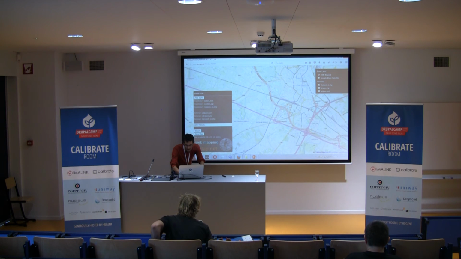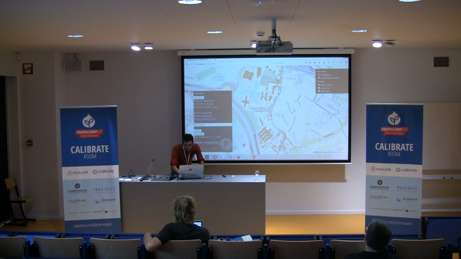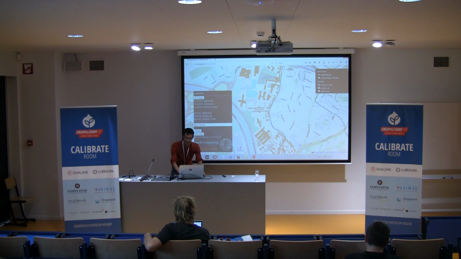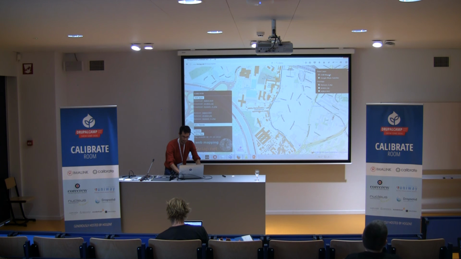Voilà, here they are. I just put few. It's the campus of where we are now. And for the background layer, I defined two layers: the satellite layer of Google or the OpenStreetMap layer. So this is everything for the demo.